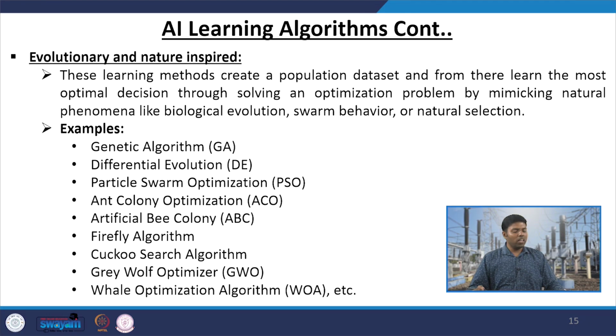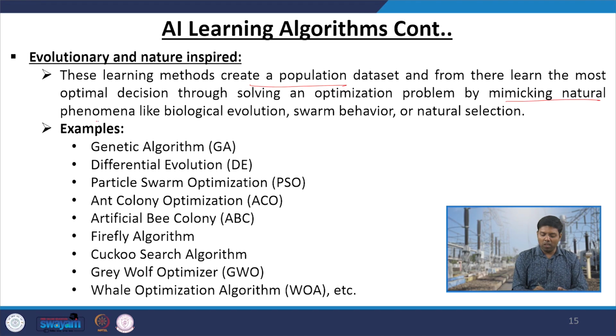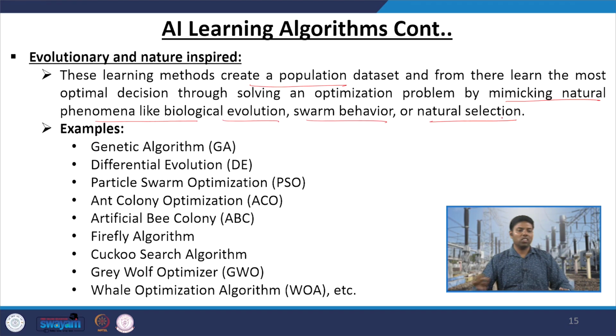The evolutionary algorithms generate a huge population from the data set, and by doing some mathematical operations or updating the solution points or the population by mimicking natural phenomena like biological evolution, swarm behavior or natural selection, the solution is derived.